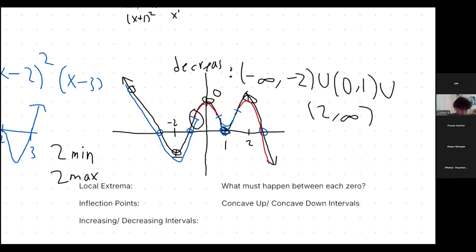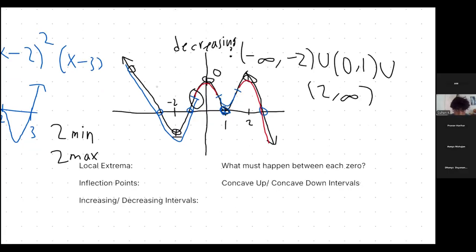And then let's look at increasing now. It looks like it's increasing from this point to this point. So -2 parentheses to 0 parentheses, and then 1 to 2 also parentheses.